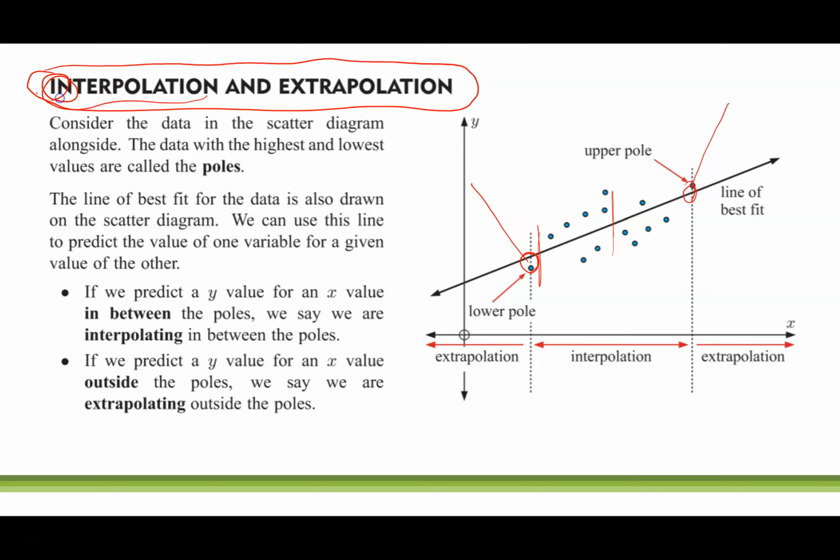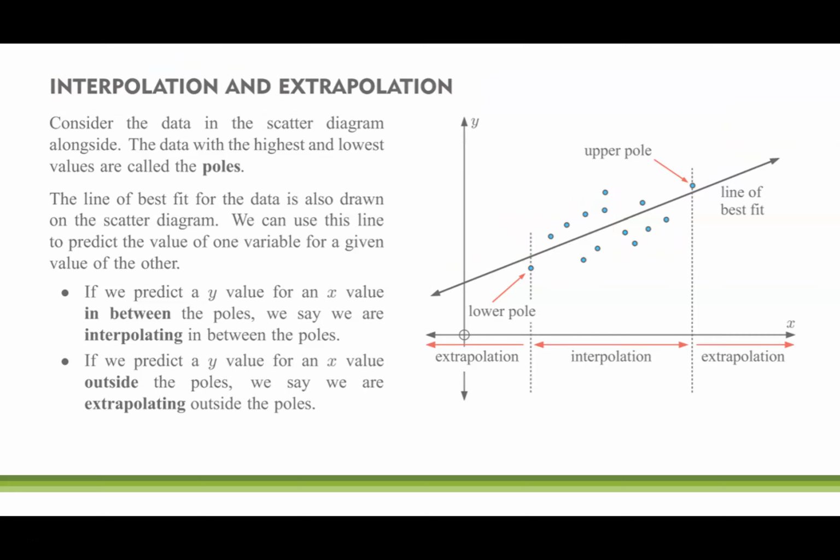Focus on the word in, or inside. If you are trying to approximate a best guess of what's happening way off in the distance, either before or after the data set, that's called extrapolation, and that's where we can get into some dangerous territory. That's like the 112-year-old grandmother throwing the discus farther than anyone else. It's highly unlikely. So these models, these lines of best fit, typically have a short period of validity, and then they are less accurate.